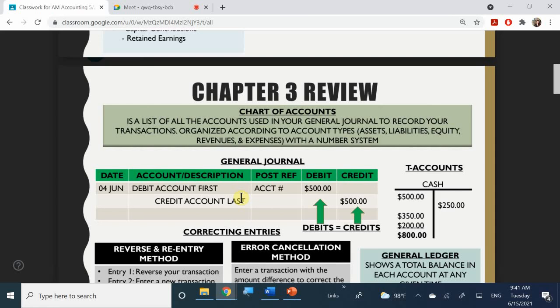For example, for chapter 5, I could say, journalize the purchase of inventory, and I'll give you options. Option A could be you debit purchase expense for $500. B could be you debit purchase expense for $517. Whatever. That's what I'm going to be asking you on the exam.